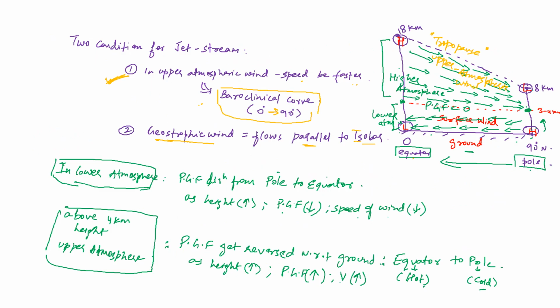In the upper atmosphere, the winds move faster because of the baroclinic curve and flow parallel to the isobar because of geostrophic wind. So let's explore the baroclinic concept. In the lower atmosphere, there is an energy difference between the equator and the pole. The equator is heat surplus and the poles are heat deficient.